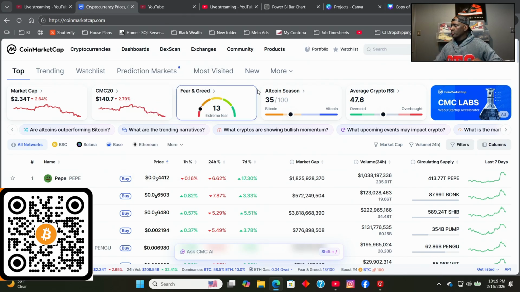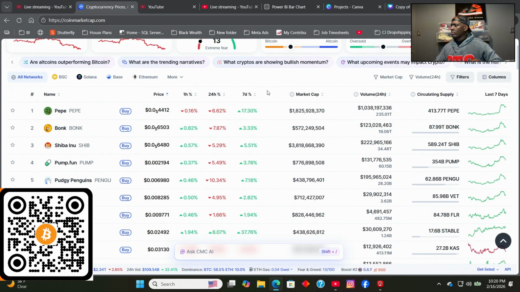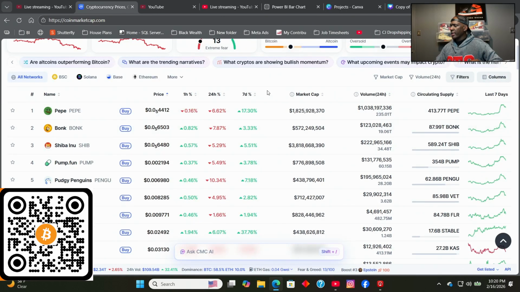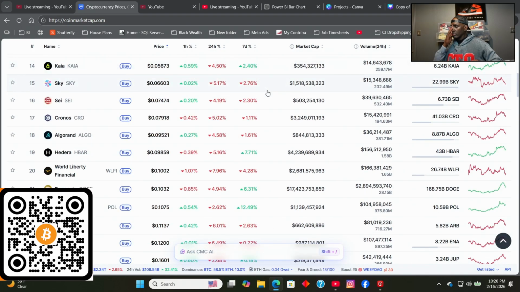But what we have here is we're over on coinmarketcap.com. So if we look here on coinmarketcap.com, these are the different cryptos that are available. And I'm trying to see how they actually have these listed and why. I don't think that there is any rhyme or reason as to what coins are listed here.